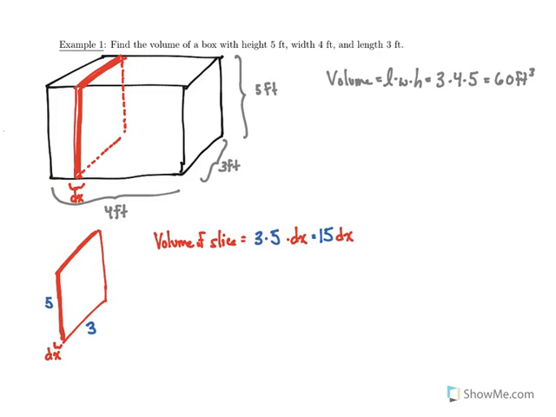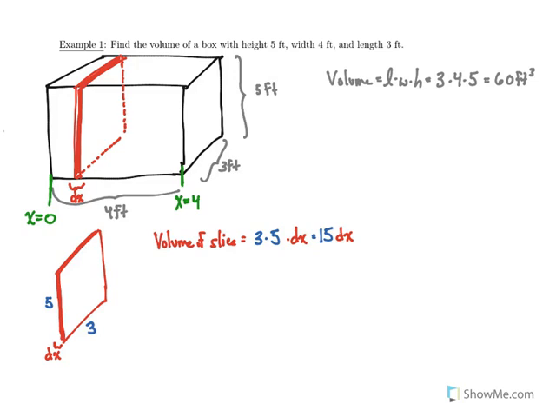So then if I want to add up all of the slices, I'm going to do that from x equals 0, and that would make this distance correspond to x equals 4.